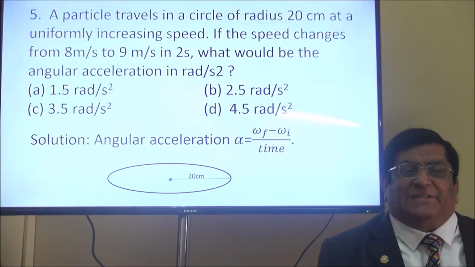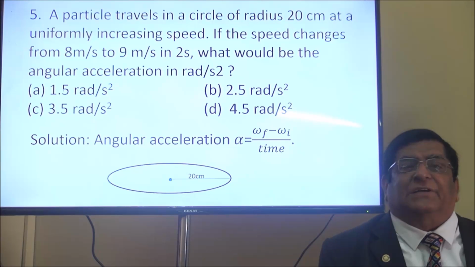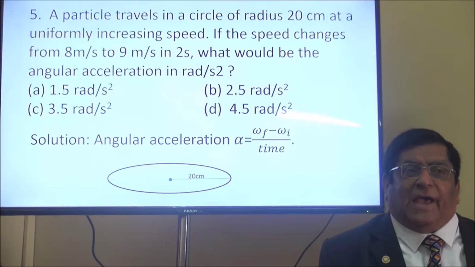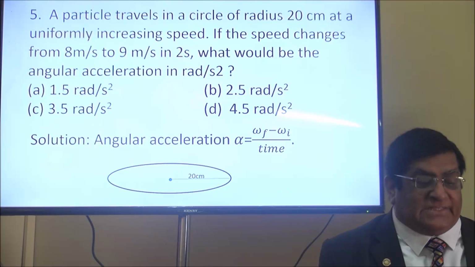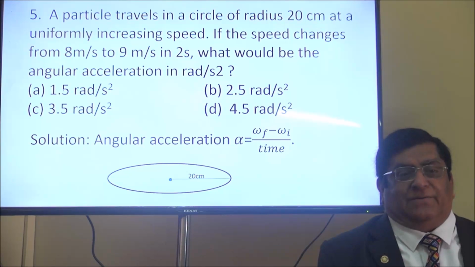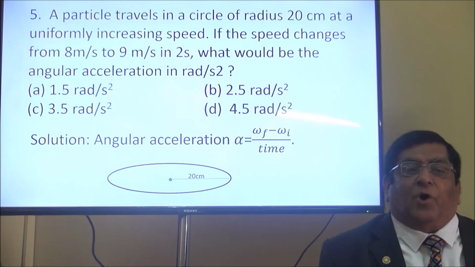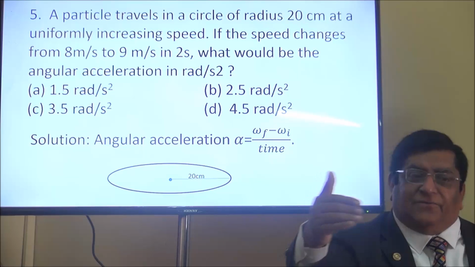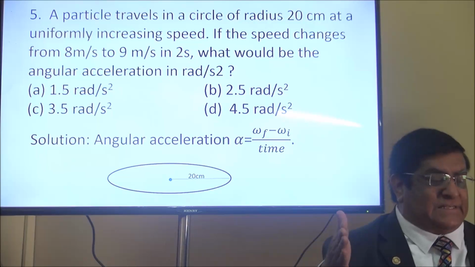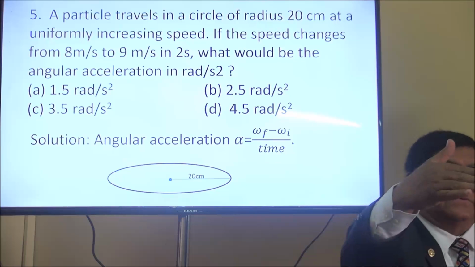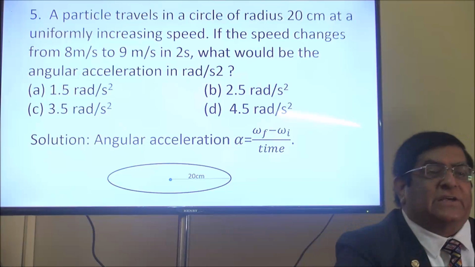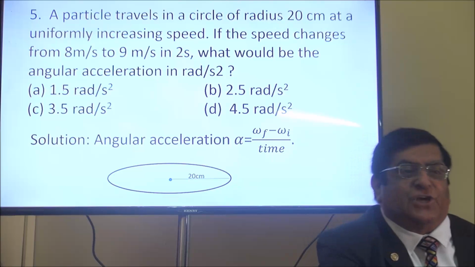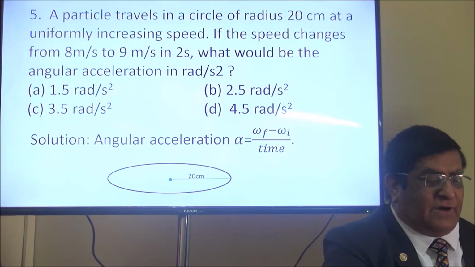Now, can anybody tell what type of acceleration it is? Centripetal, tangential, angular. Which one is this? This is tangential. Because the body is moving along the circumference and its speed changes from 8 to 9. So that change is along the tangent. So it is tangential acceleration which is given to us.